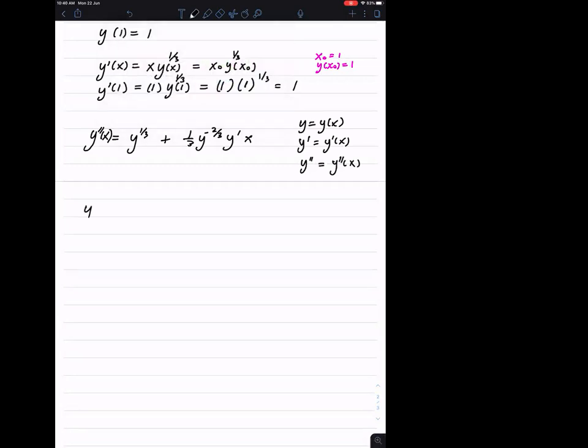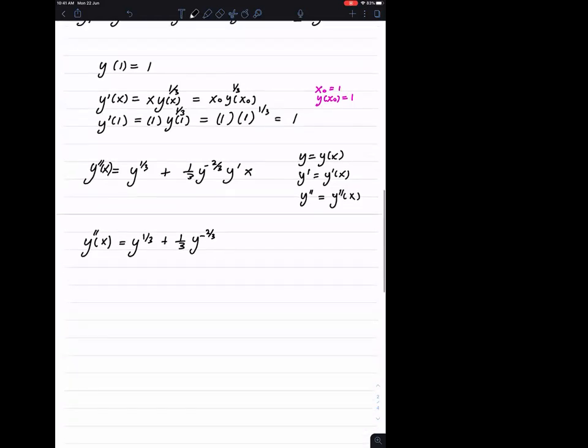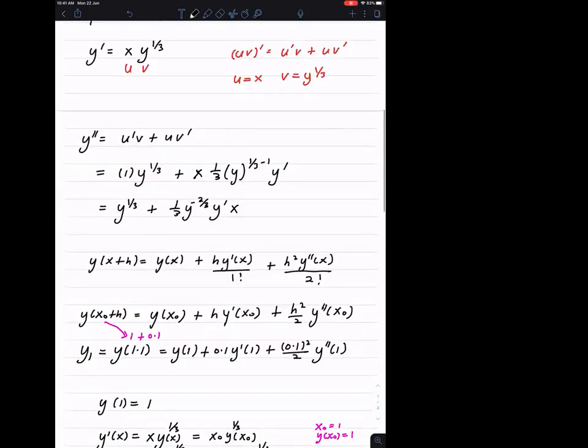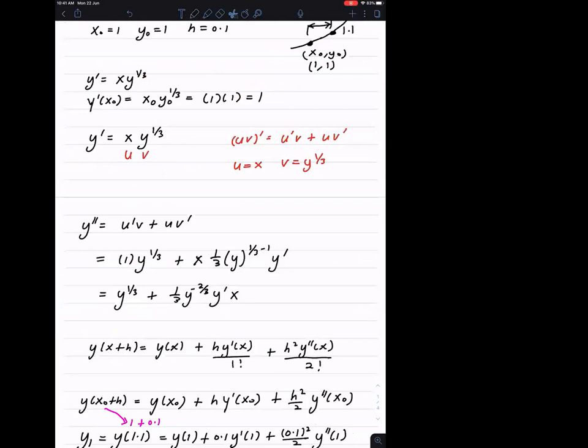So over here, what I'm going to do, plus 1/3. You don't have to do this, but I'm just doing this. Later on, if you do this simplification, the evaluation becomes easier when you plug in numbers. So I'm going to go back here and replace the y prime with this x.